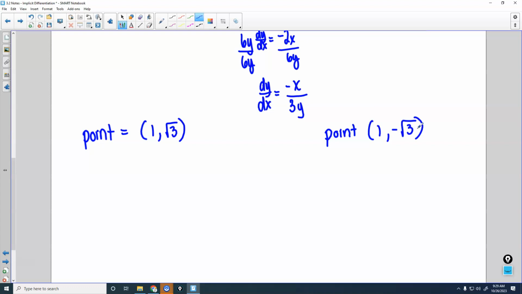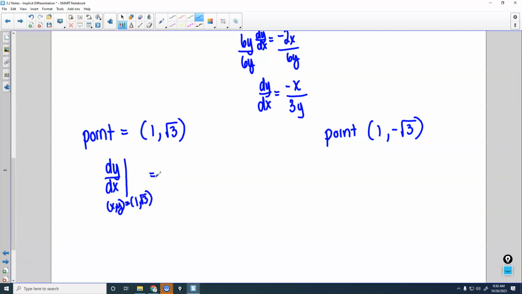So, notation-wise, this is going to be something we have not done yet. Typically, I do f prime of 1, right? But this is not a function. I can't call it f of x. So the way that we show a derivative, to show we have plugged something into an implicit derivative, is we're going to do dy/dx, then this line right here that means such that, and at the bottom of the line, we're going to put x, y equals 1, square root of 3.